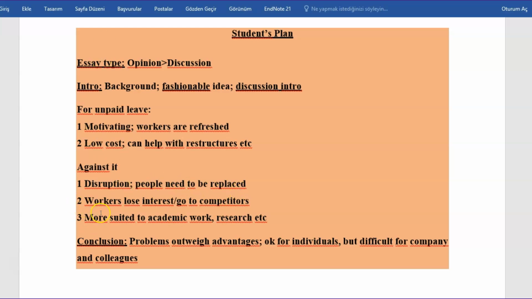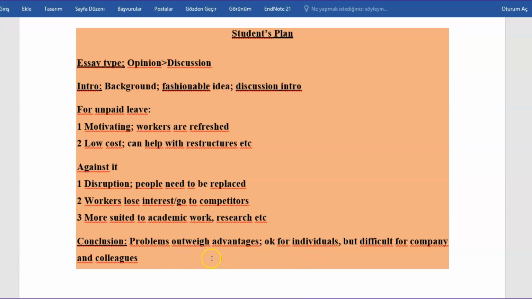Number 2, workers lose interest or go to competitors. Number 3, more suited to academic work and research, not to the business world. And our conclusion, how should we write it? Problems outweigh advantages.